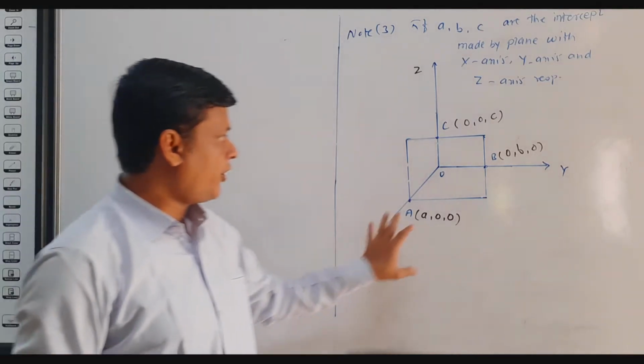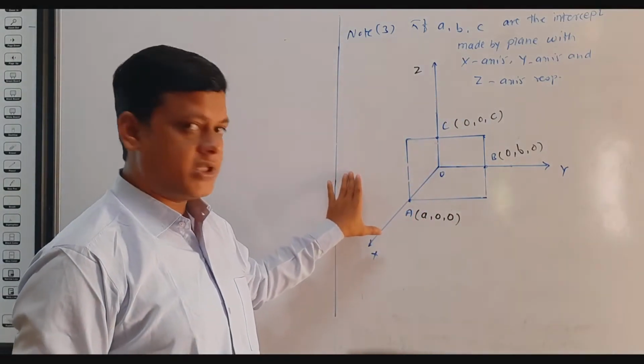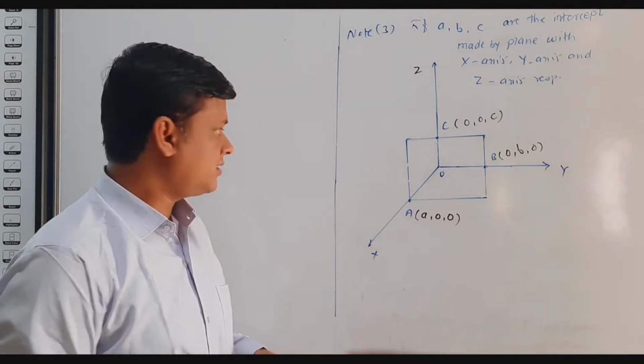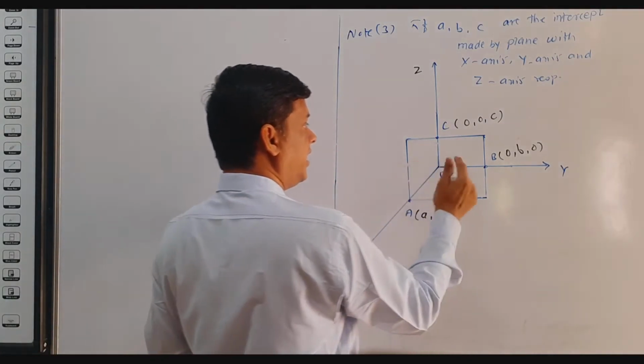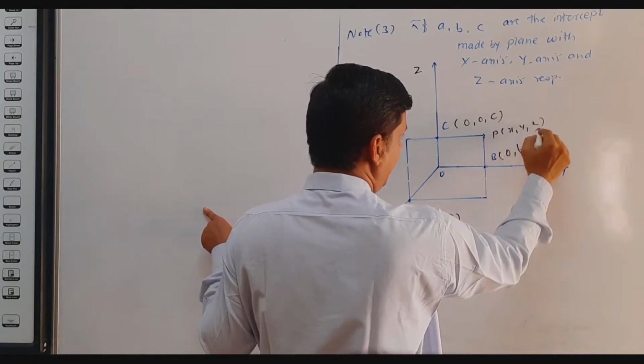Now these 3 points are non-collinear, so again we use the concept of non-collinear points. We consider any point P on this plane with coordinates x, y, z.